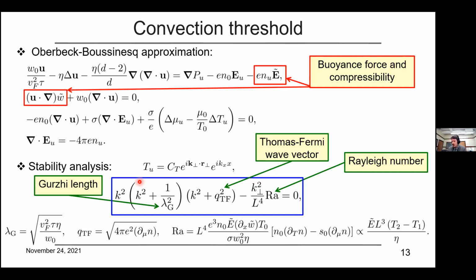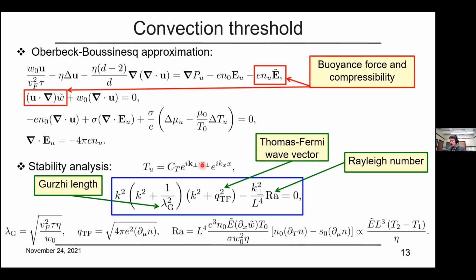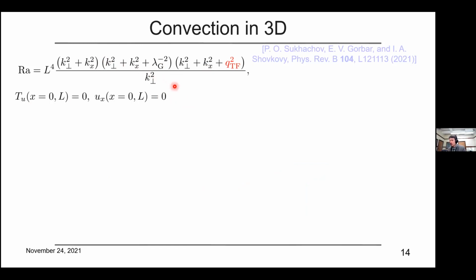However, it's more convenient to rotate the problem a little bit and rewrite it in different terms. In particular, we can just invert this equation and write down the following form. And we can ask the following question: what is the minimal Rayleigh number that we should reach in order to achieve any convection?